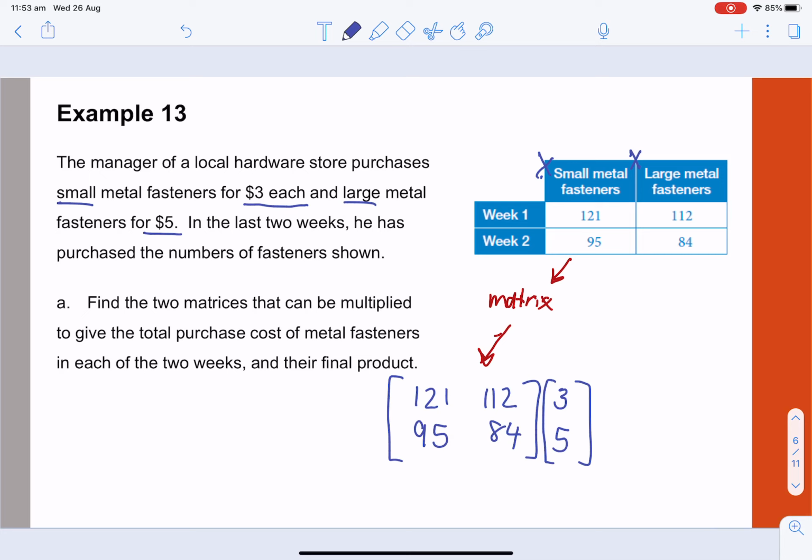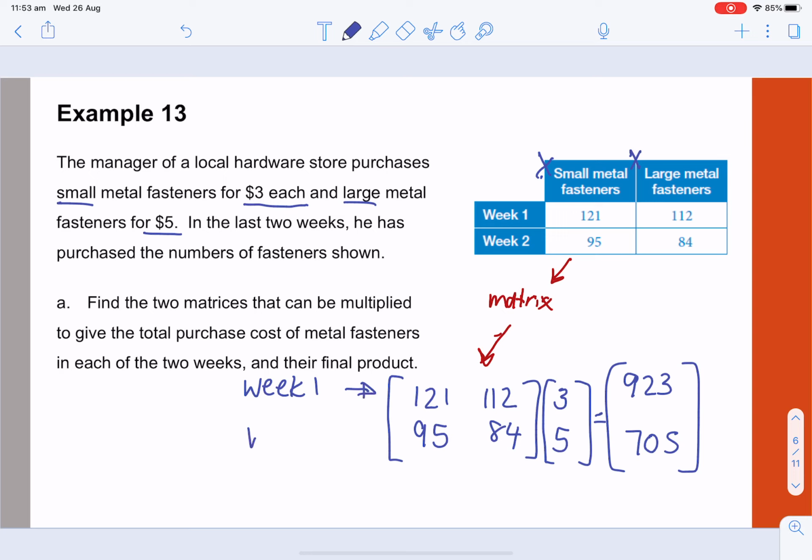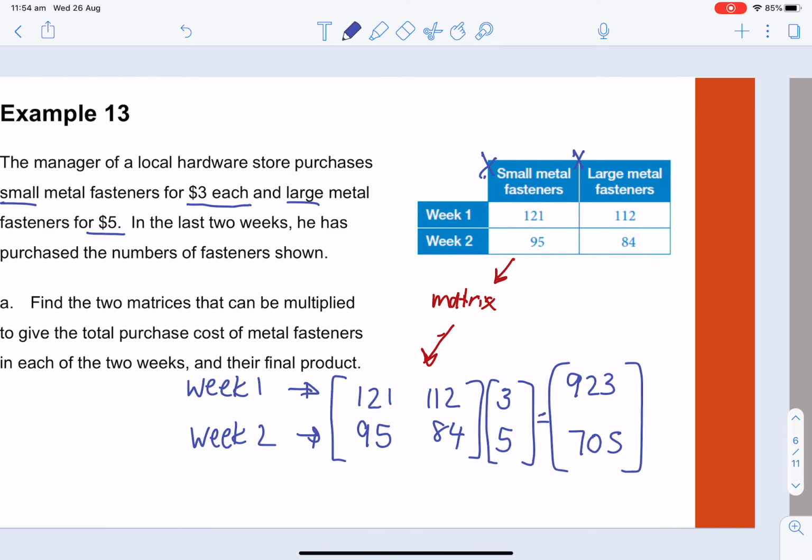Then if I was to multiply that through, whether you use a CAS or you use your hand, you would end up with $923 and $705. So in week 1, and week 2, I spent $923 and $705 respectively. So I spent about $1,600 in fasteners.